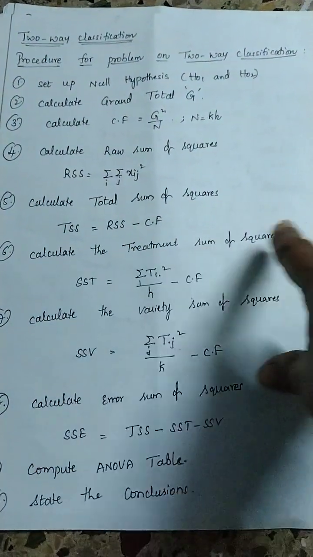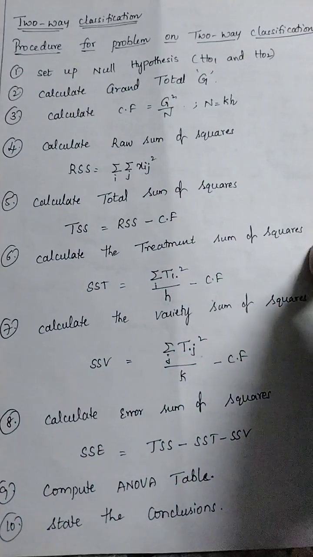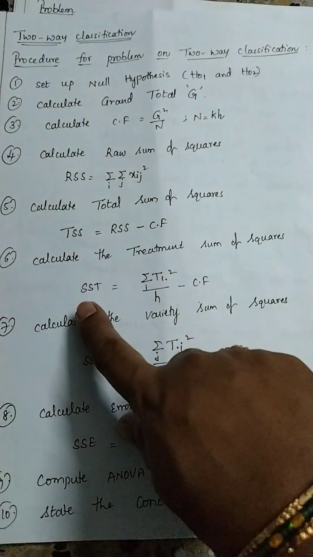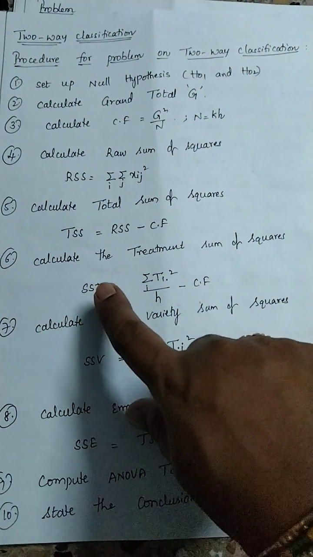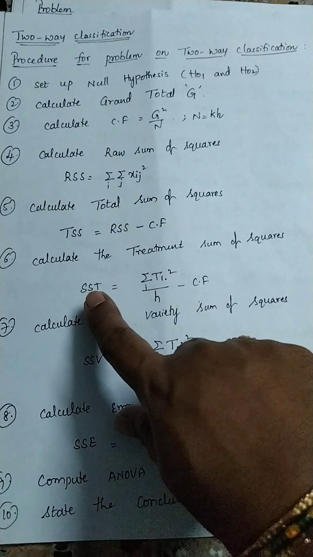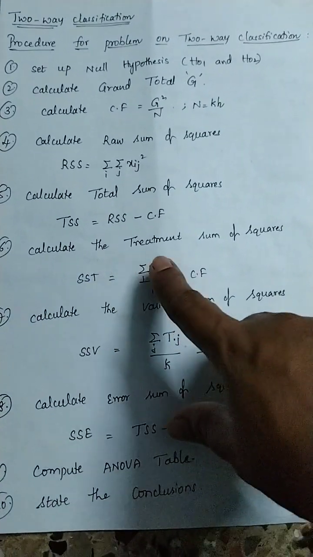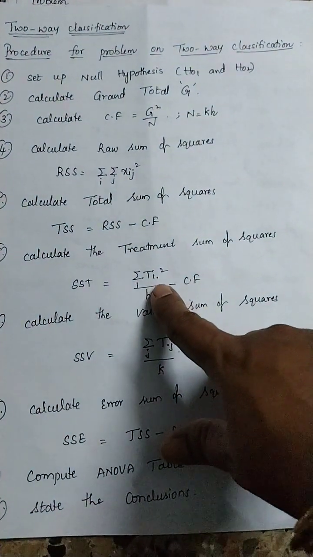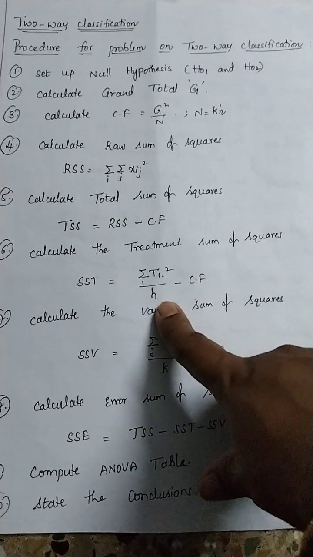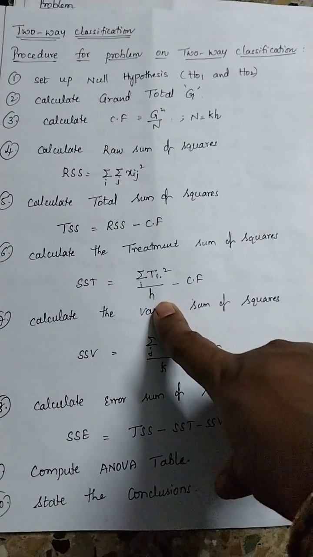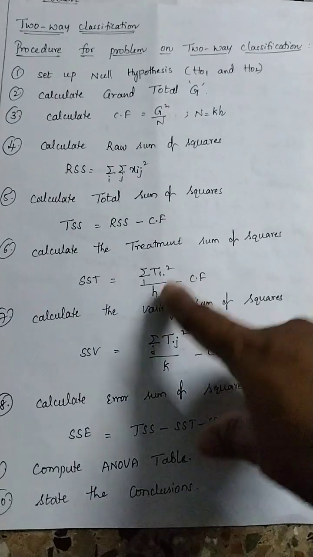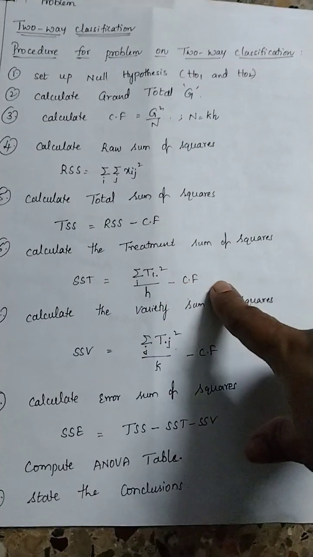Calculate the treatment sum of squares. Here you have the sum of squares due to treatments, denoted by SST, which is equal to summation Ti dot square by H, where H is the number of varieties, minus correction factor.